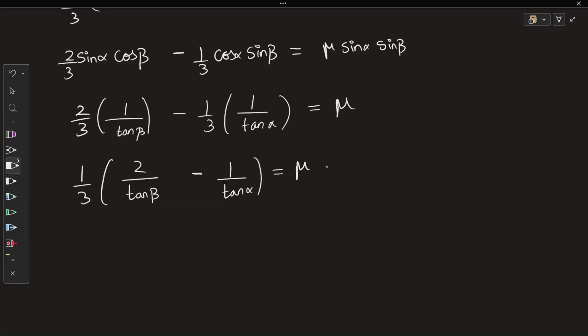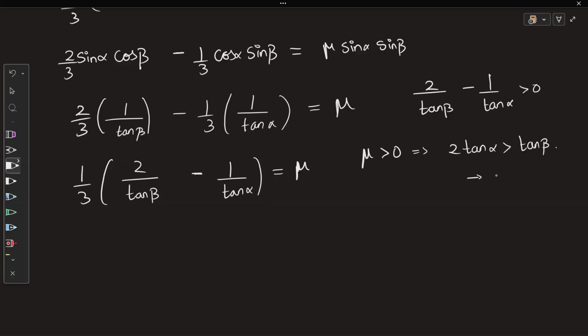And now mu is always greater than 0. So 2 by tan beta minus 1 by tan alpha should be greater than 0, which implies that 2 tan alpha is greater than tan beta. This is the condition for case 1.